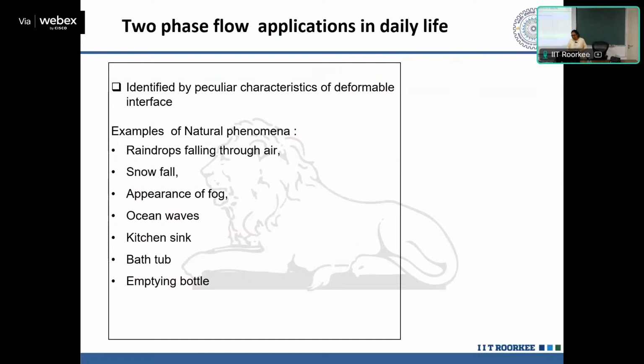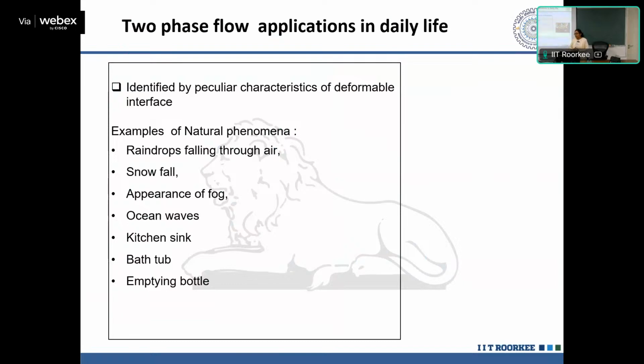But we have ample examples in our daily life also. We are surrounded by two-phase flow. Simple phenomena like fog or rain are a kind of interaction of two-phase flows. Ocean waves are again an example of two-phase interaction.